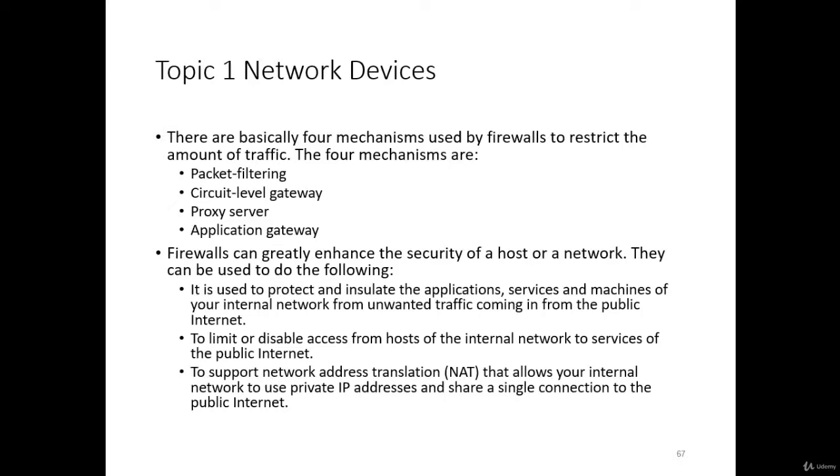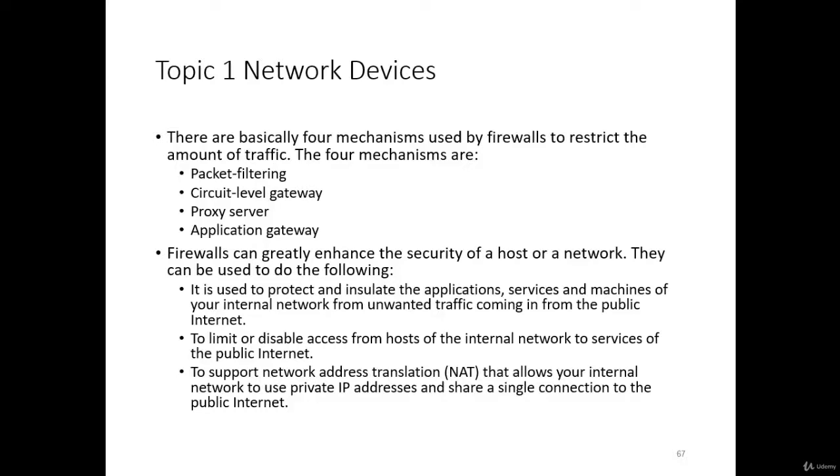There are basically four mechanisms used by a firewall to restrict the amount of traffic. The four mechanisms are packet filtering, circuit level gateway, proxy server, and application gateway. Firewalls can greatly enhance the security of a host or a network. They can be used to do the following.